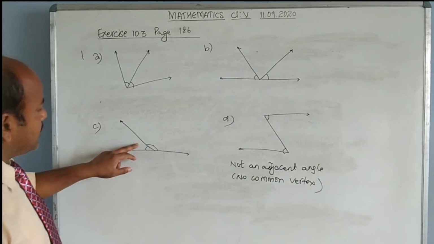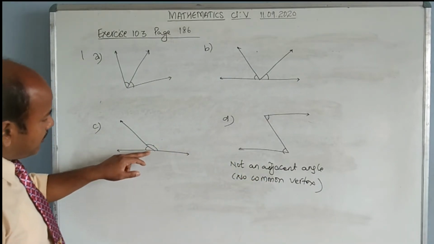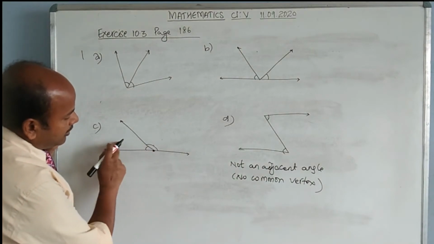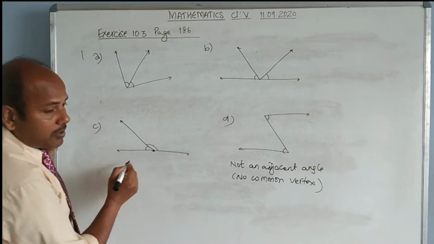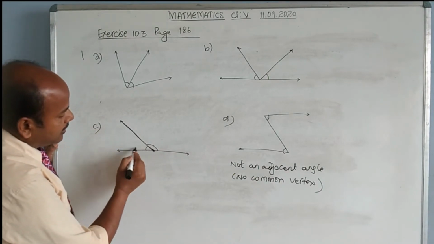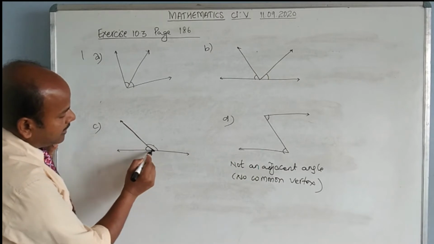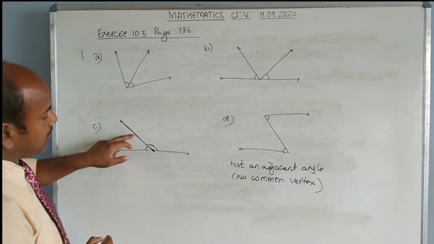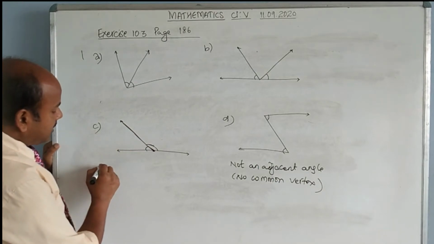Then this one, look at this. It has a common vertex. This is a common vertex. That means this point is for this angle also and this angle also. So common vertex, common arm. This is a common arm. This line is for this angle also, and again this line is for this angle also. So when you have a common vertex and a common arm, then it is an adjacent angle.